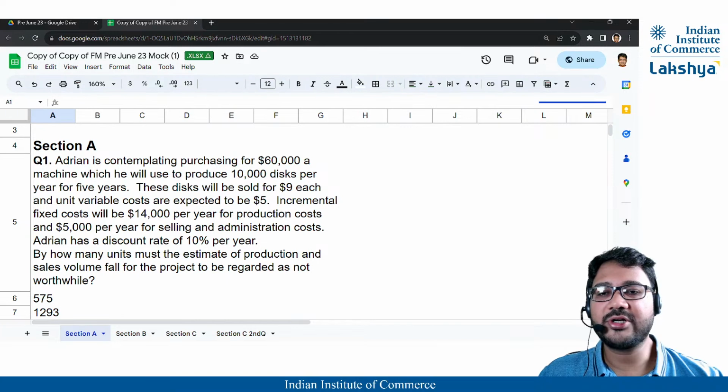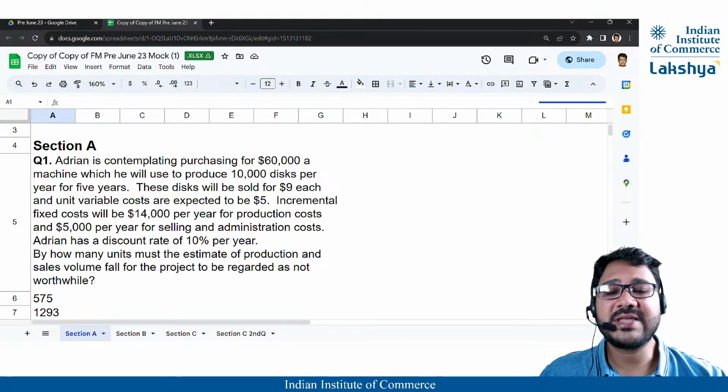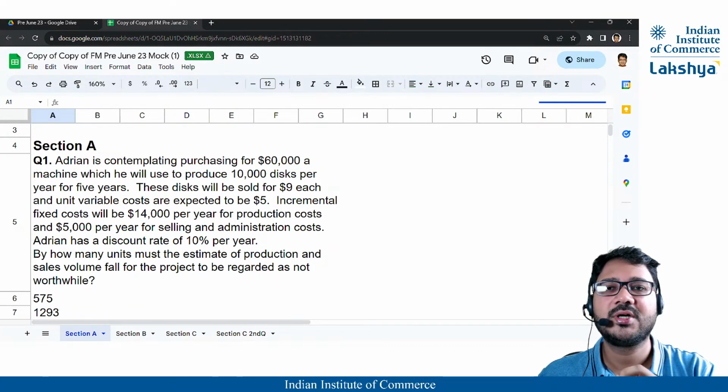Adrian has a discount rate of 10% per year. By how many units must the estimate of production and sales volume fall for the project to be regarded as not worthwhile? So if you remember, in sensitivity analysis, we find something known as the sensitivity margin, which basically says by how much can a particular cash flow or variable move such that the NPV becomes zero.